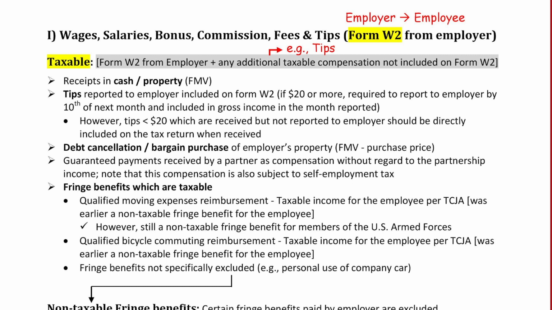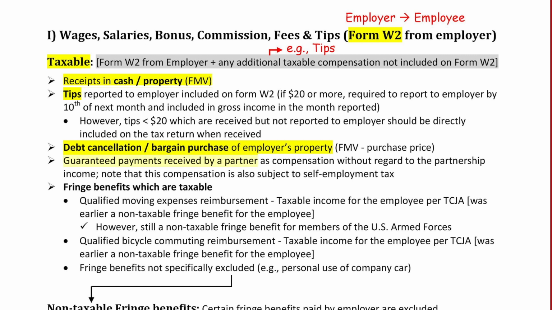What's taxable as wages, salaries is, highlight, receipts in cash or property at fair market value. Highlight tips. Highlight debt cancellation or bargain purchase of employer's property. The value of the bargain purchase is the fair market value of the property minus the purchase price.